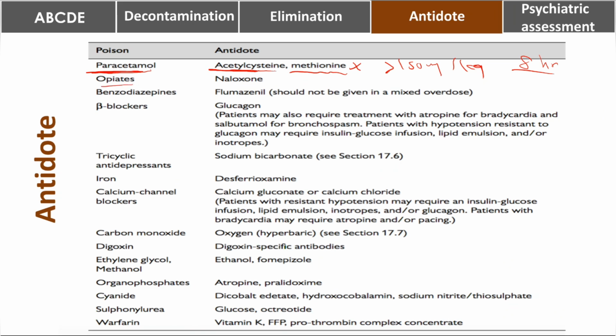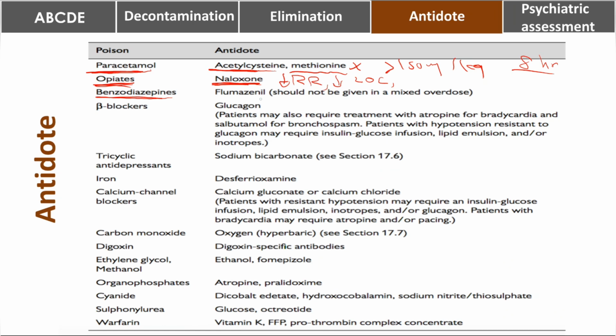Coming to opiates. In opiate poisoning, you may give naloxone, but naloxone is only given if the patient has decreased respiratory rate, respiratory depression, if the patient is unconscious, has a decreased level of consciousness, or sometimes airway obstruction. So in these cases, you give naloxone.